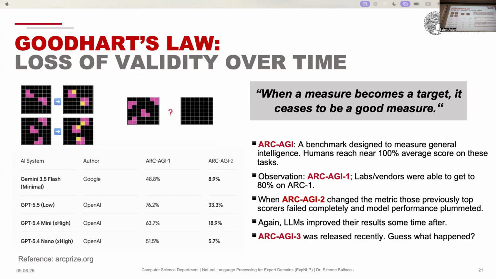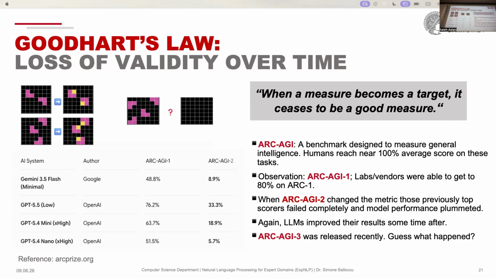So in other words, the models' performance plummeted, and the reason was because everyone was trying to just get really good score in the benchmark. So we can't say for sure that the models are actually getting good at general intelligence by just looking at the benchmark, as we saw what happened when ARC-AGI 2 got released.